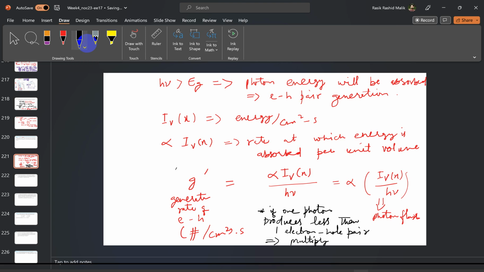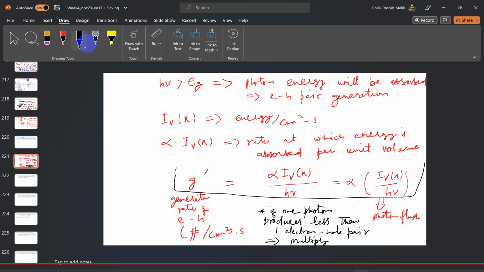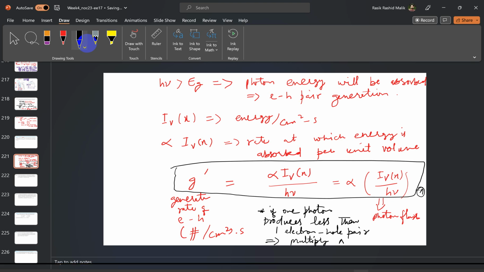Say this is my equation. We have to multiply it by the efficiency factor.